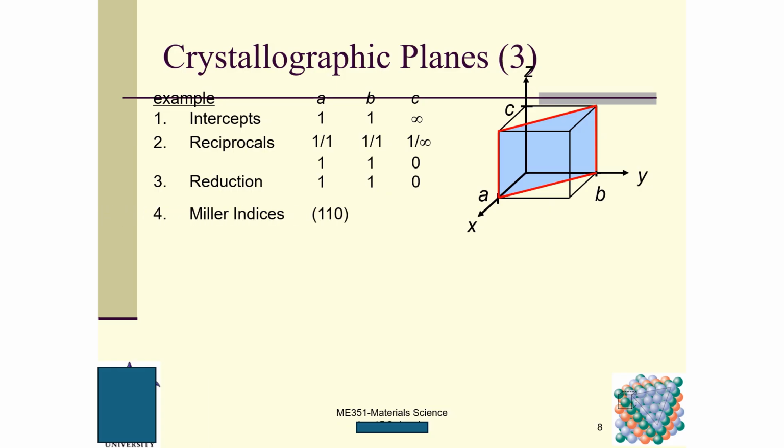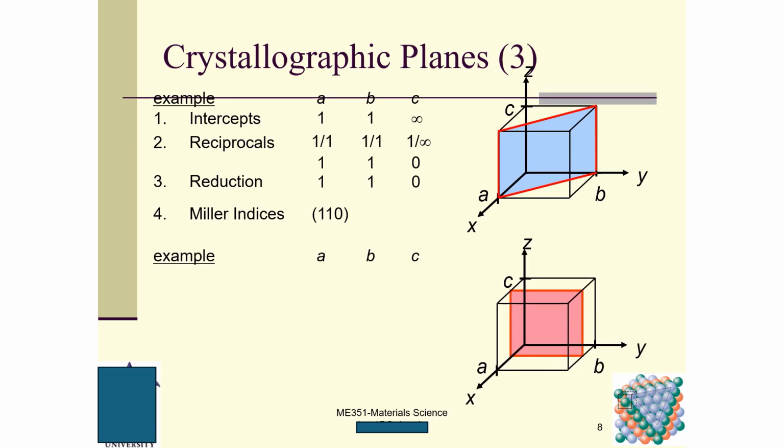So as a result, the Miller indices for this plane are (110). Any questions so far? Okay, no questions.